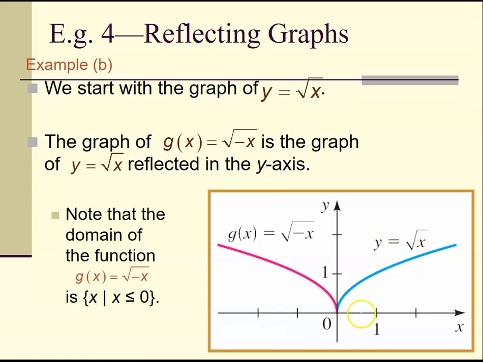Square root of x and then square root of negative x. So they will be reflecting each other. So this is now how you will know if the graph will reflect for each of the following functions. Okay, so how to determine that one? Just put any of the following. We have the domain.